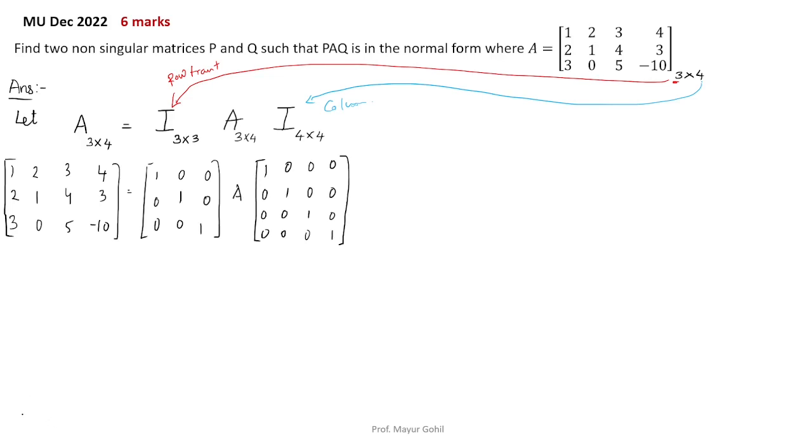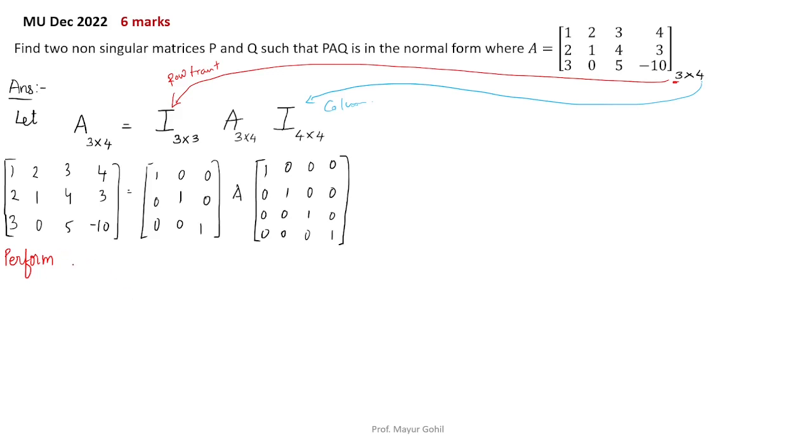So yeah, now we perform the row transformation. The first element over here is 1 in the LHS. We want to make the matrix on the LHS into the normal form. So on the diagonal element we have to make it 1, that is, we have to make an identity element in the top leftmost corner of the matrix.